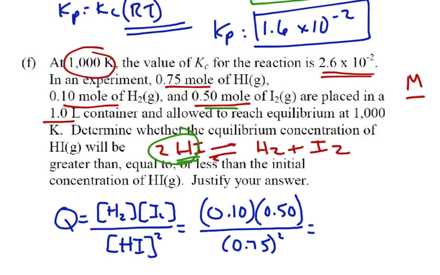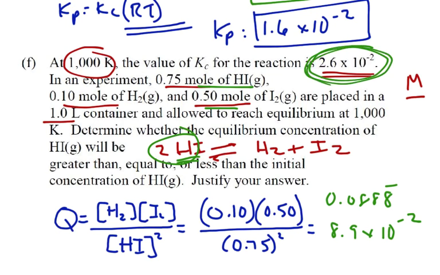And my HI concentration is 0.75, and that's going to be squared. And when I do all that, I get a value of 0.8888 repeating. So I'm going to turn that into 8.9 times 10 to the negative 2. Now that's my Q, and my K is 2.6 times 10 to the minus 2.